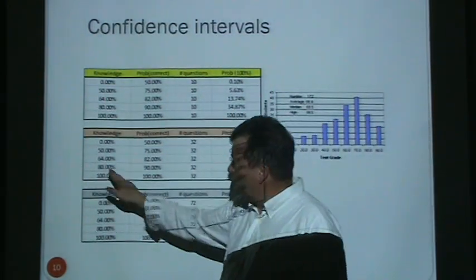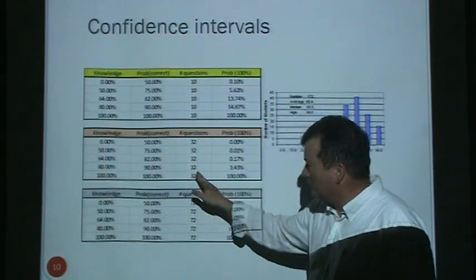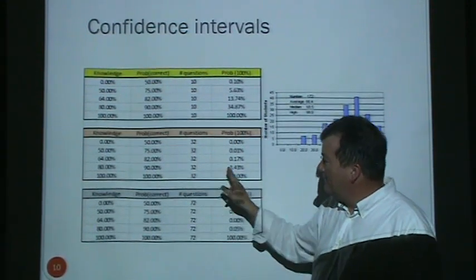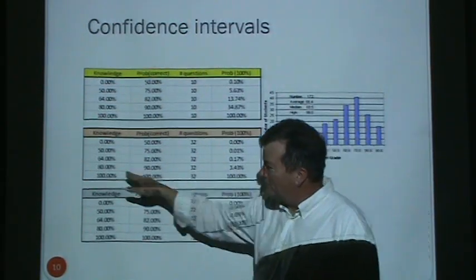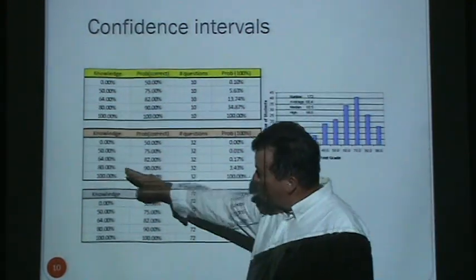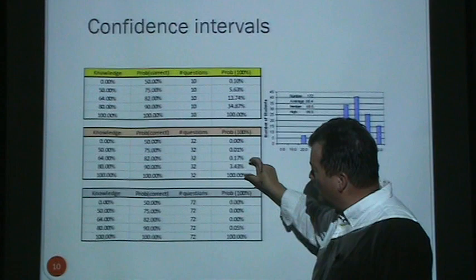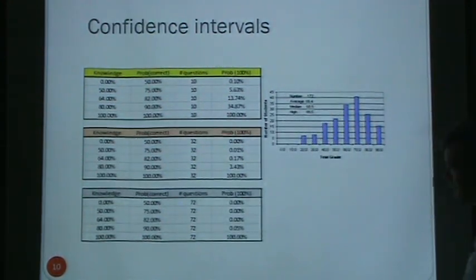And then a person who knew 80% of the material, who's expected to get a 90, if they took a 32-question true or false test, there's a 3.5% chance they're going to get 100, and they really only deserve an 80. So there's still a little room for problems here. As the student knows more and more material, the more likely it is that their grade doesn't quite match their score.